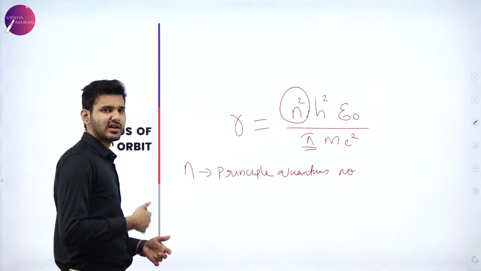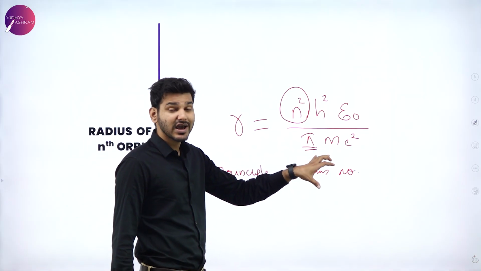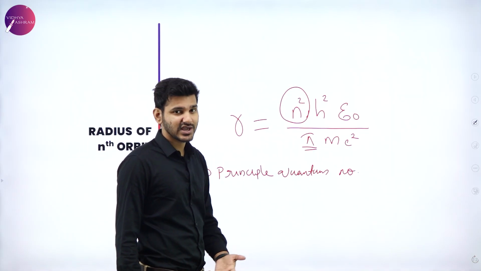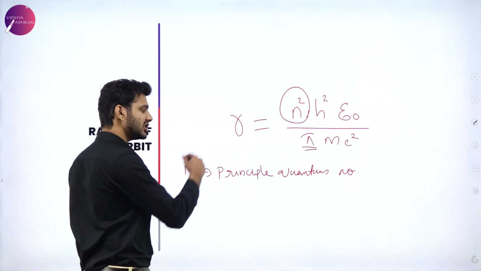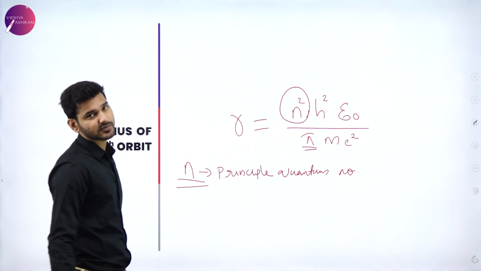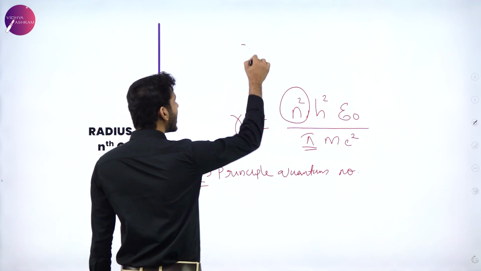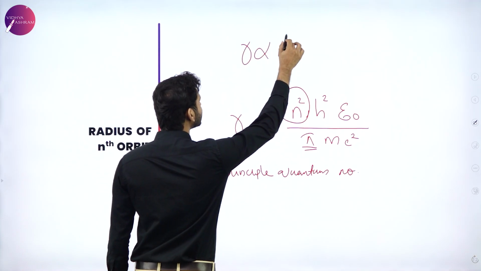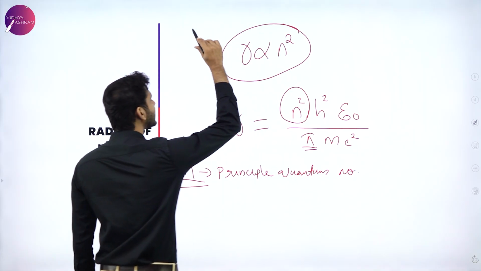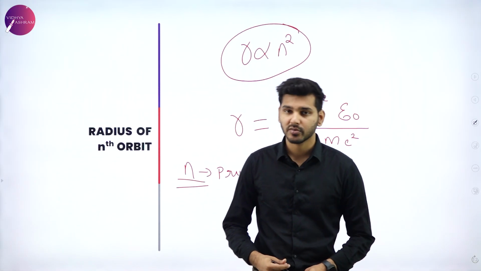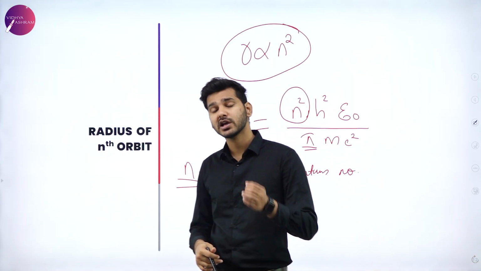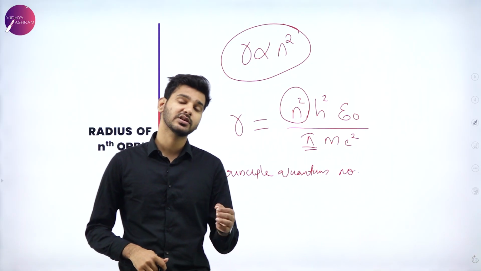According to the laws of physics, mass is not suddenly going to change like that. So we can say that mass is also a constant, which means the only changing quantity is the principal quantum number. So we can say that r is directly proportional to n square. This relation is also good to remember: the radius of the nth orbit is directly proportional to the square of the principal quantum number.